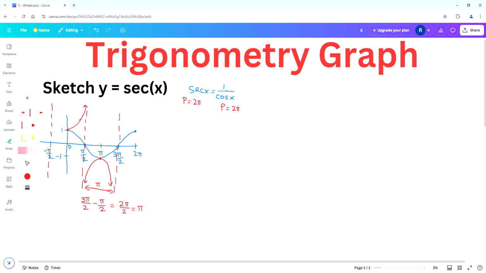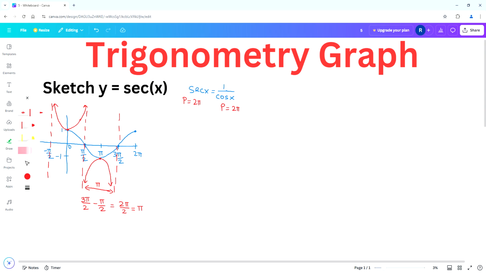This is how we can keep extending the graph of secant function on the left side and the right side. So the curve on the left side of the y-axis will look like this. Similarly, the curve for secant x between 3 pi over 2 and 2 pi will be a curve that looks like a parabola opening in the upward direction, because at 2 pi the graph of cos x forms a peak.